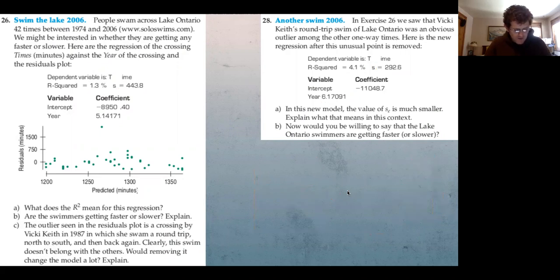All right, now would you be willing to say that Lake Ontario swimmers are getting faster or slower? So what do we think?